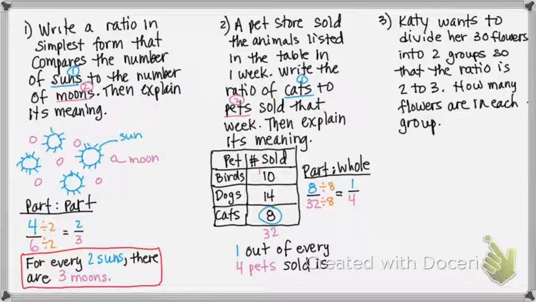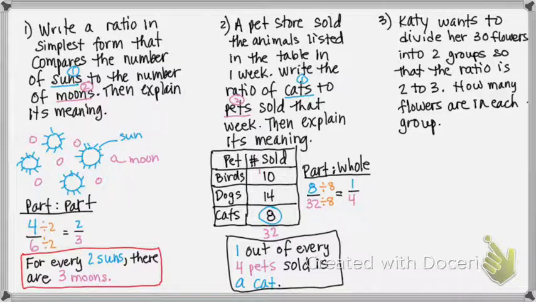That makes more sense. So that's how we talk about the ratio when it's part to whole: 1 out of every, whatever the denominator is.